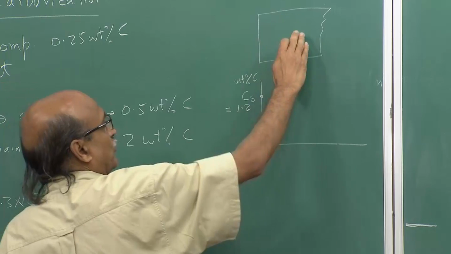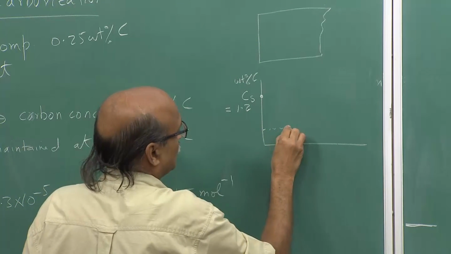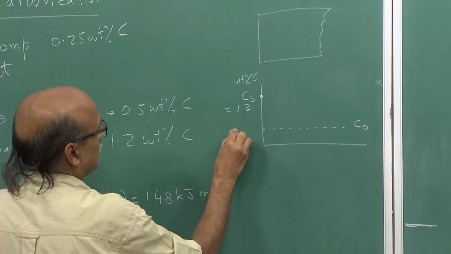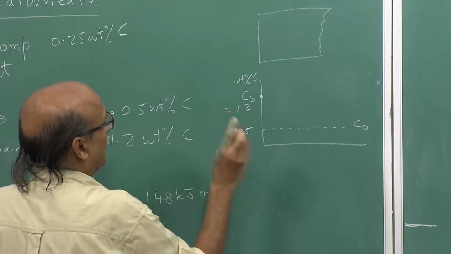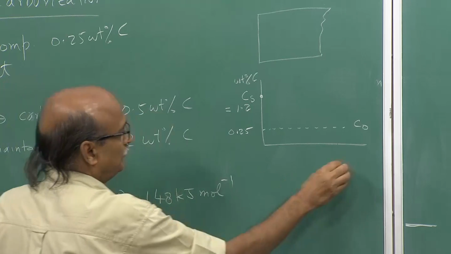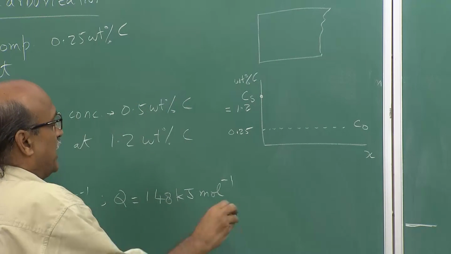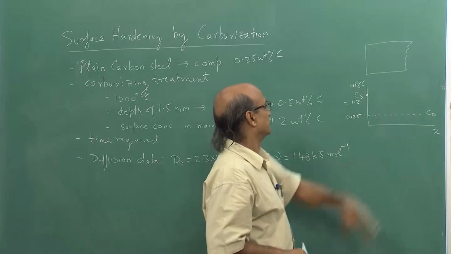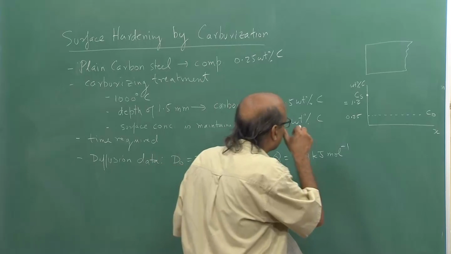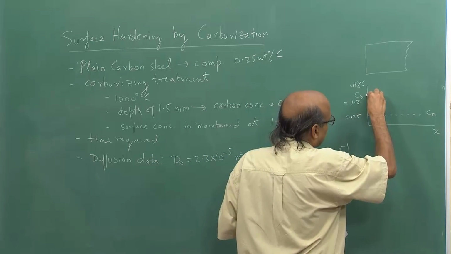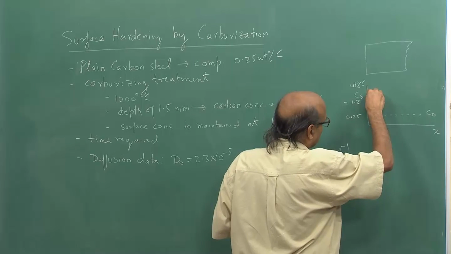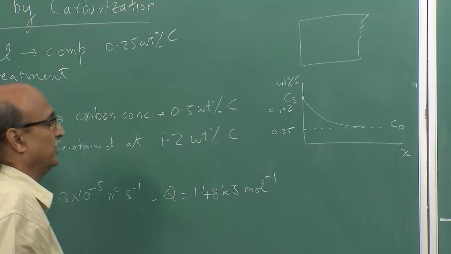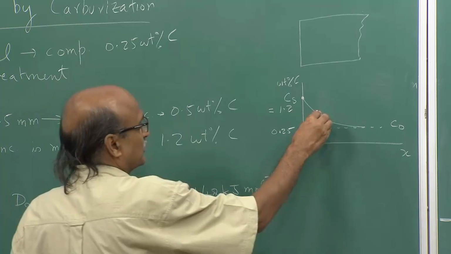The initial concentration of carbon, we call it C0, is 0.25 weight percent carbon. So, at time t equal to 0, everywhere it is 0.25 weight percent carbon. After some time t, we will have carbon diffusion into the material and we will get a profile something like this.